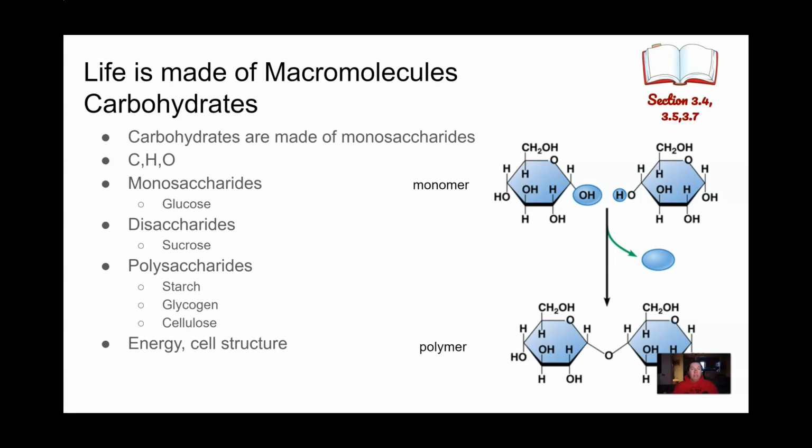Those are just really long chains of sugar molecules. But we also have other forms of carbohydrates that are really long that are important to us. For example, mammals like us have this long chain of carbohydrates called glycogen, and we store it in our liver, and it's a nice medium-term energy storage molecule for our body.